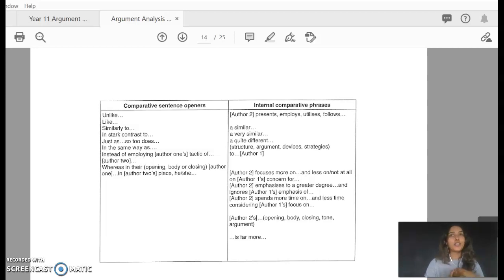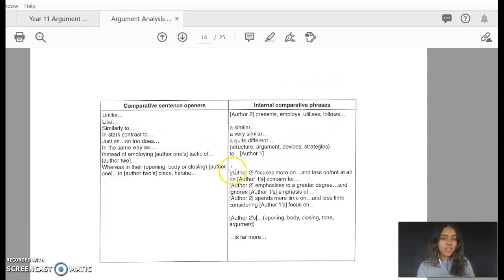You might notice that text 2 has a really clearly different tone. You might actually notice that text 2 has a similar tone but a different contention. So I need a sentence to outline the comparison.